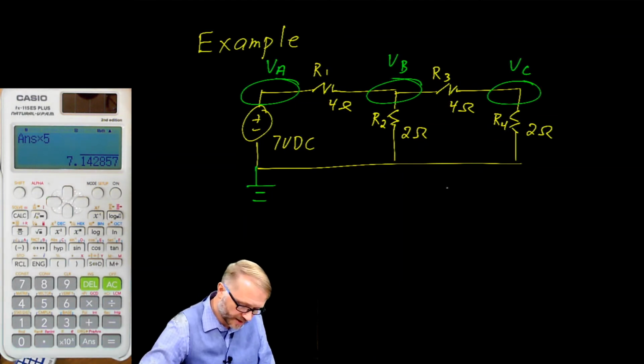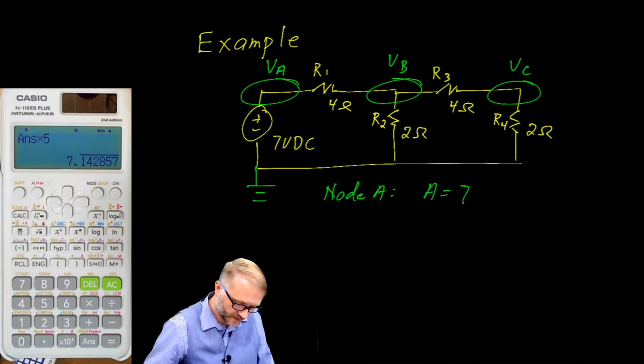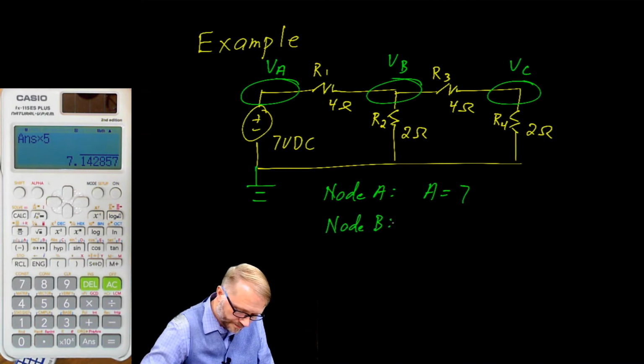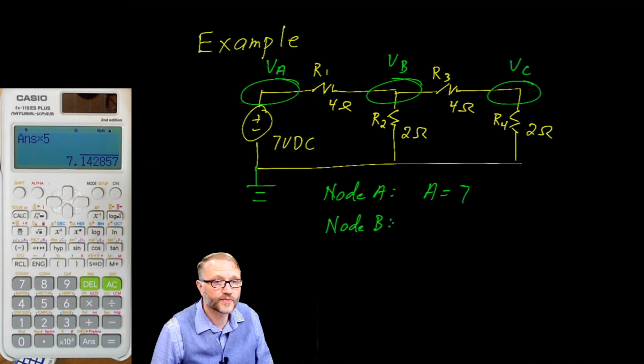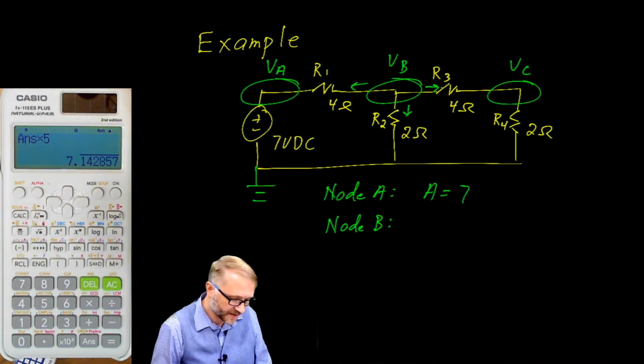The voltage on node A is very easy. By inspection, we would say that A is just equal to 7. Okay, that was easy. Node B, we've got 3 currents. Again, we're going to assume they are all leaving. This makes the math easier.